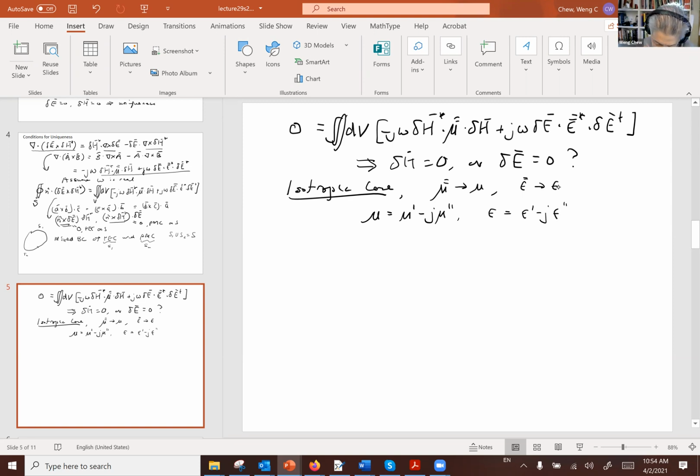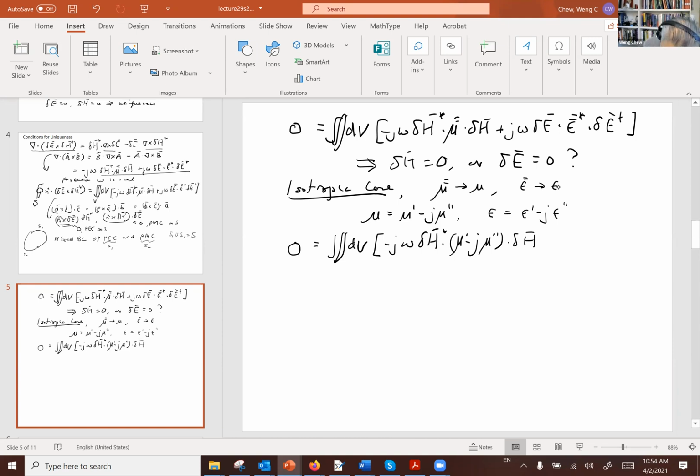Okay, so now I'm going to plug this in and look at these equations more carefully. And then I can replace mu with a scalar number.